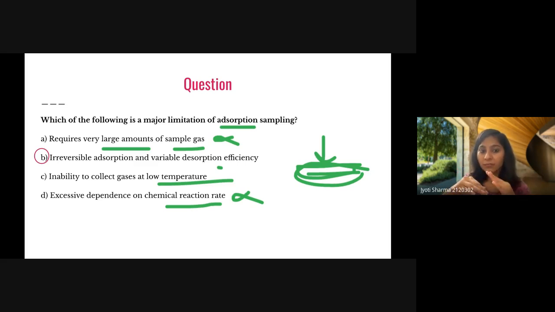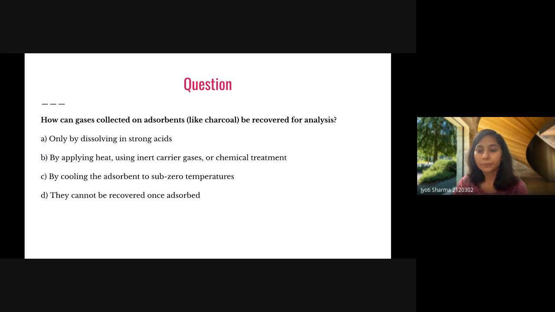What kind of method can we use to recover our pollutant or air from that charcoal? So we have four options here. Only by dissolving in strong acid, by applying heat using inert carrier gas or chemical treatment, by cooling the adsorbent to sub-zero temperature, or they cannot be recovered once adsorbed.